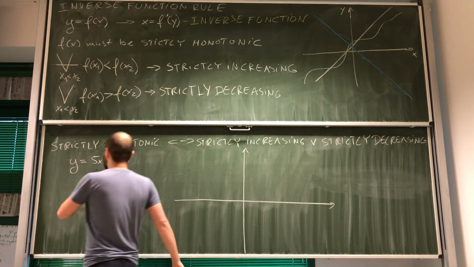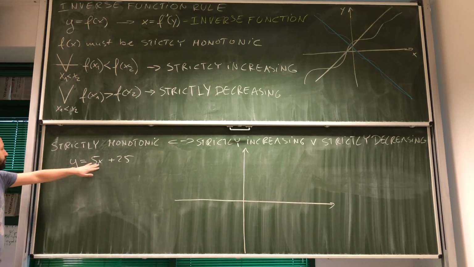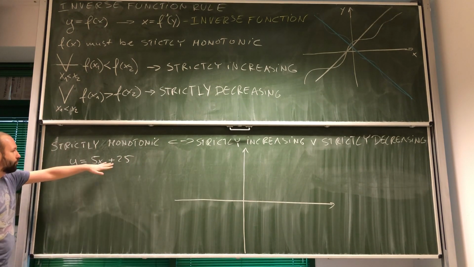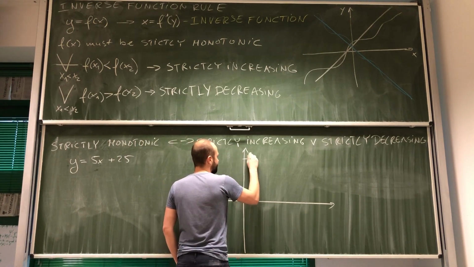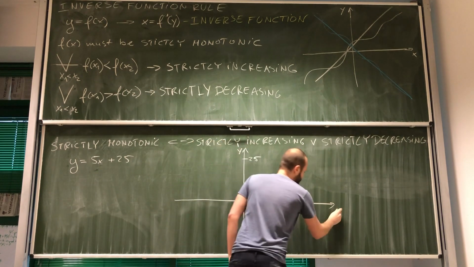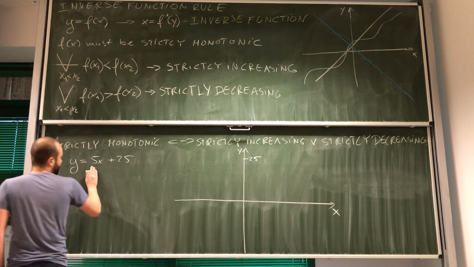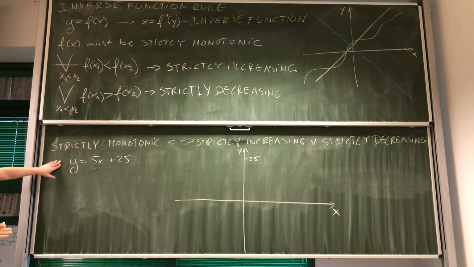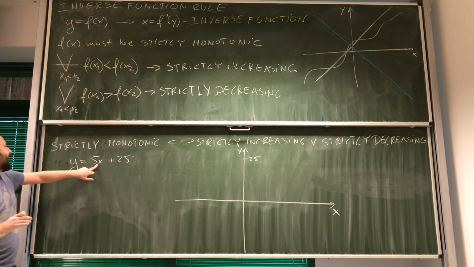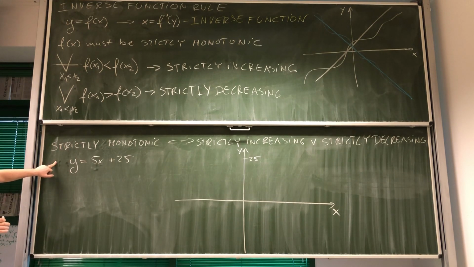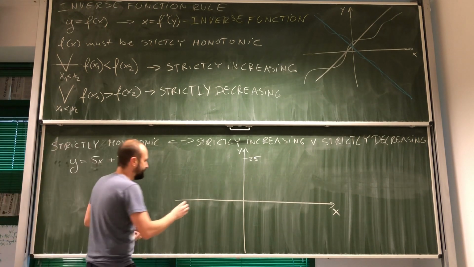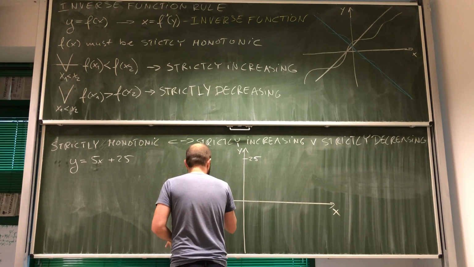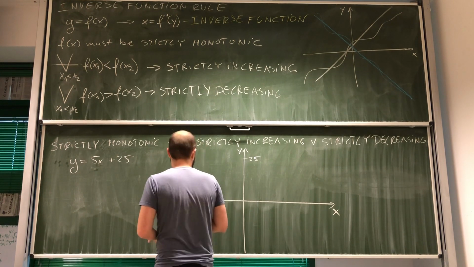First we see that if x is equal to 0, y is equal to 25, and we see also that if y is equal to 0, then x is equal to negative 5, right? So it's going to go somewhere here.